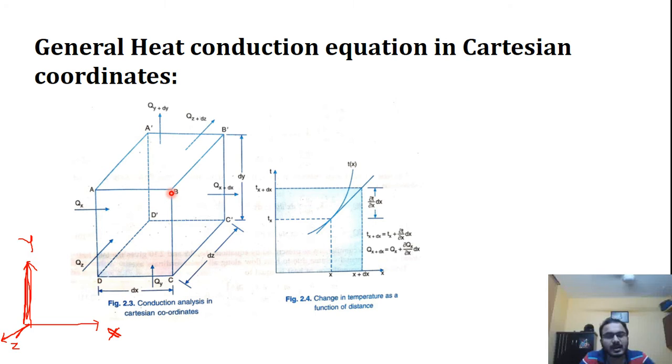As far as dimensions are concerned of this volume, the dimensions are dx, that is this, dy, that is this, and dz, that is this. So these are three dimensions, and previously I told you that the flow of heat is Qx and Qx plus dx.